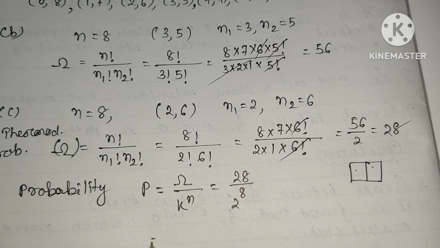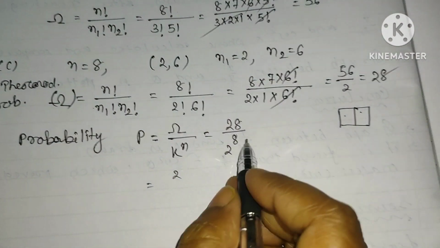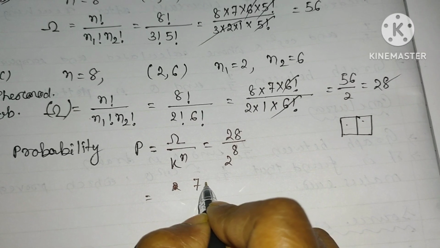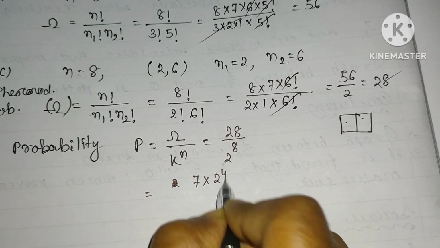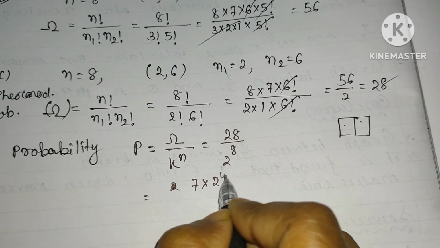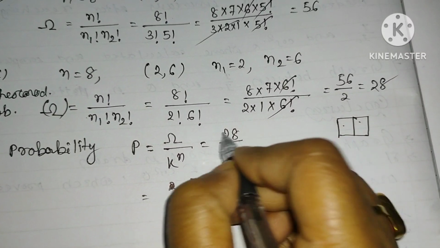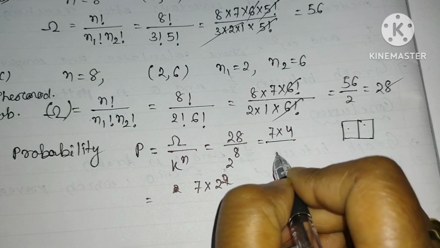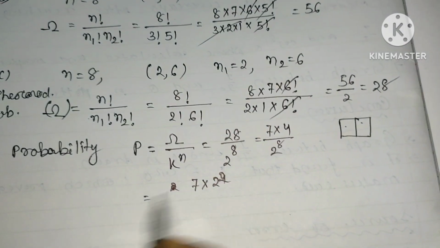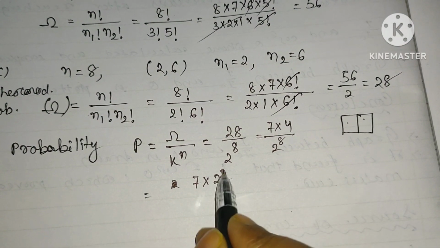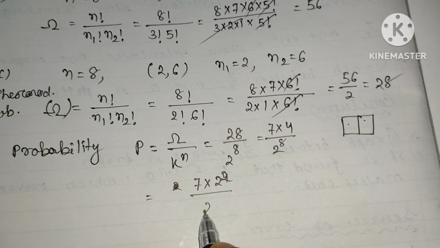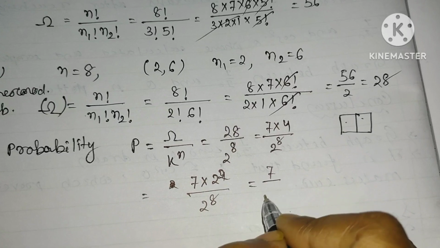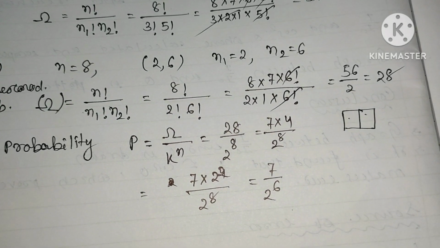So you can write this 28 as 7 into 4, that is 7 into 2 power 2, divided by 2 raised to power 8. By cancelling, we will get 7 divided by 2 power 6.